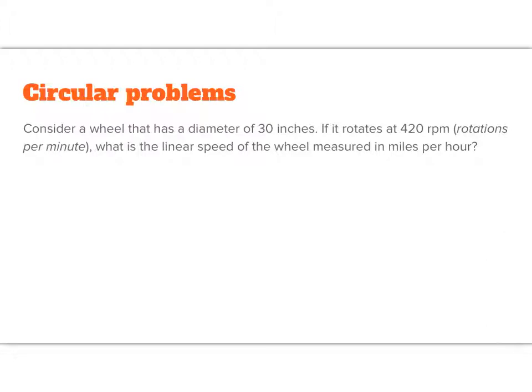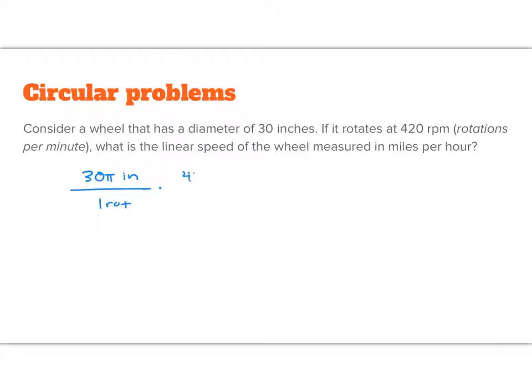Now we're going to do this unit conversions problem basically. So you have a wheel with a diameter of 30 inches, rotates at 420 rotations per minute. What is the linear speed of the wheel measured in miles per hour? So this is really just a straight unit conversion. We're going to start by saying if the diameter is 30, then there are 30 pi inches in one rotation.